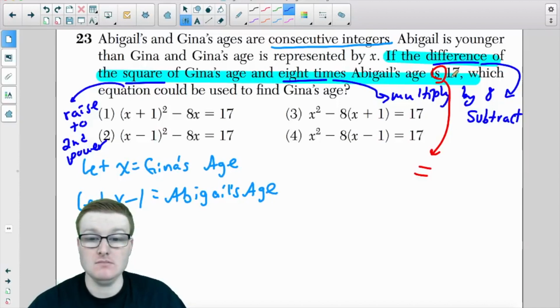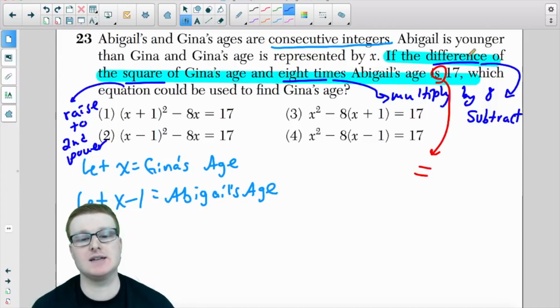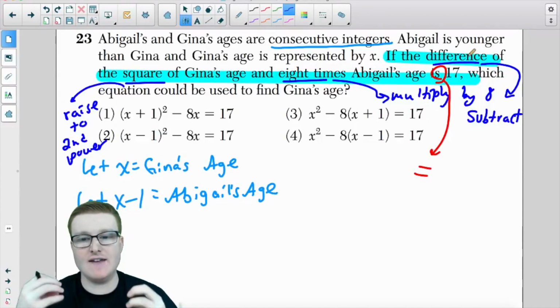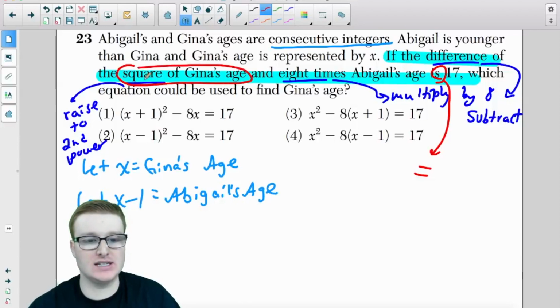So, let's see here. If the difference, so we're definitely subtracting, but it depends on which one goes first. If the difference of the square of Gina's age, so Gina's age is x, we're squaring Gina's age.